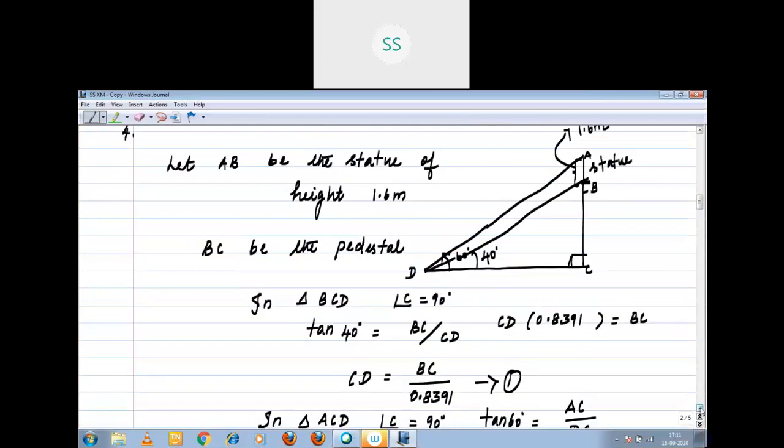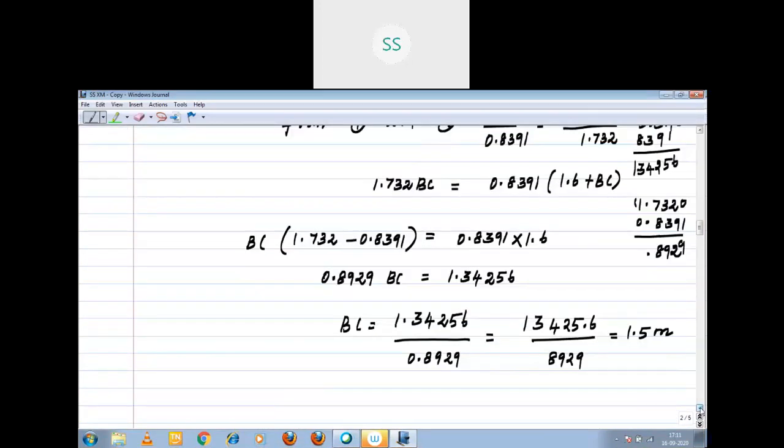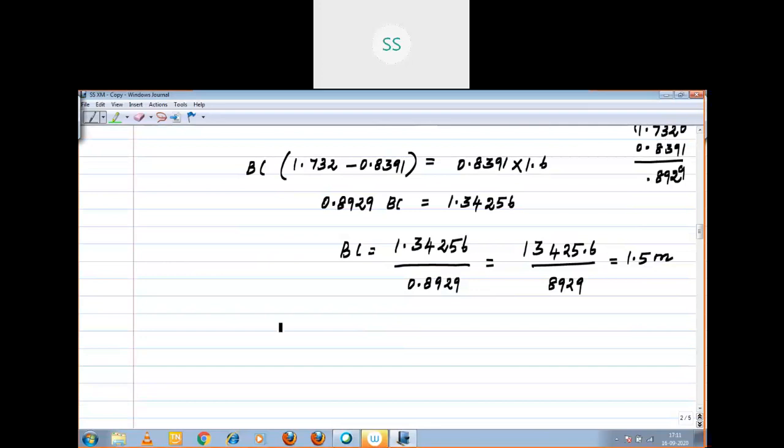Height of the pedestal equal to, sorry children, height of the pedestal equal to 1.5 meter. Got it? Say yes or no?